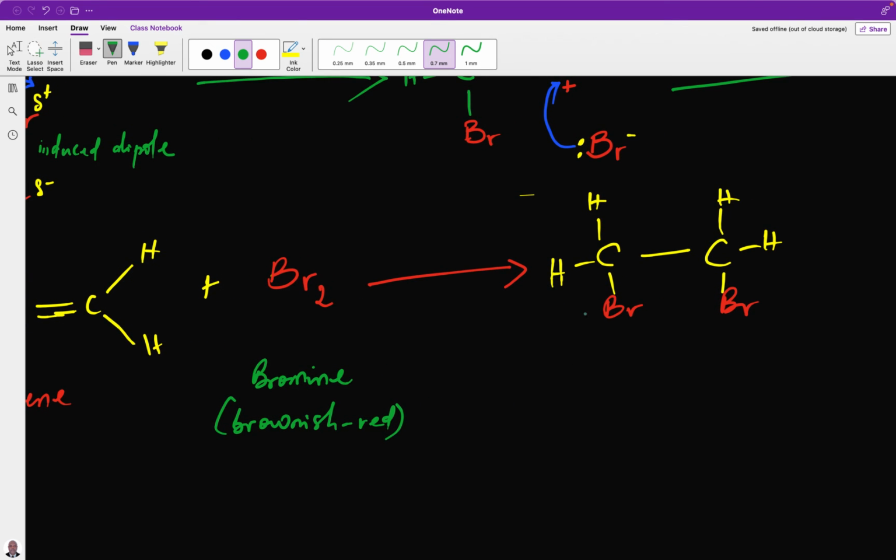And this is 1,2-dibromoethane, which is colorless.